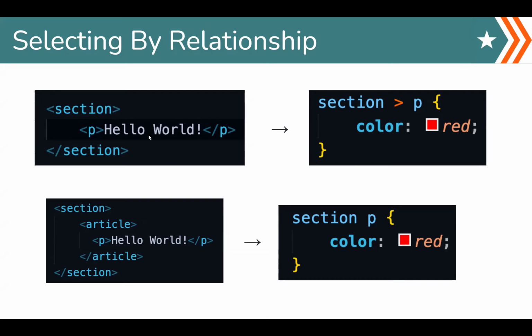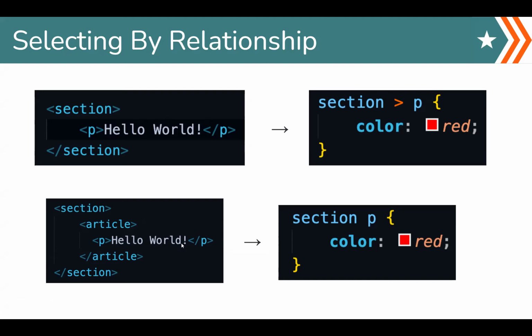This one has a p tag, and this one also has a p tag, but the bottom one is inside of an article, right? What this is saying is, hey, inside of section, I want to get the element that's directly nested within section, and it has to be a paragraph tag, and I want you to color it red, right?